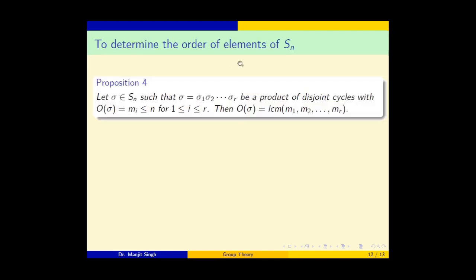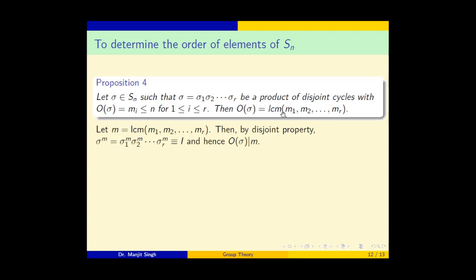To determine the order of an element in Sn, this is also an important question for IIT JAM and UGC CSIR JRF. So if sigma is any permutation, and as we have discussed, sigma can be written as a product of disjoint cycles, and if the order of each cycle is mi, then the order of sigma is the LCM of these.